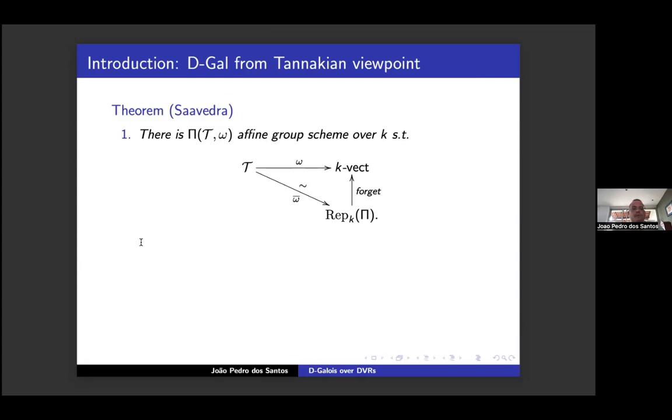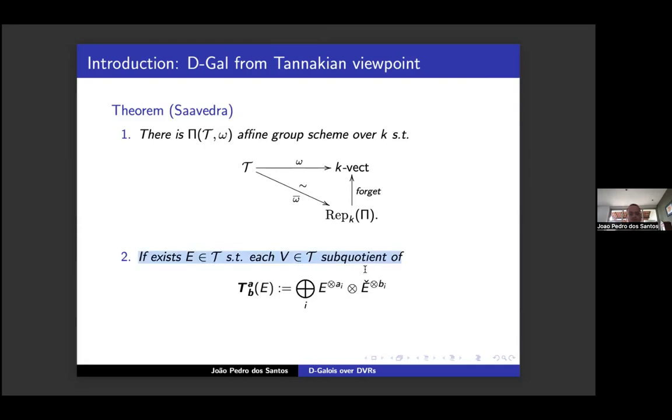So let me restrict myself. In addition, this key property says that if it just happens that every object in T is a subquotient, so a quotient of a sub-object of some tensor power, so you have E and you have its tensor constructions, and every object V is a quotient of one of these, then E, since I have this equivalence, is just a representation of pi, and the representation given is a closed embedding.